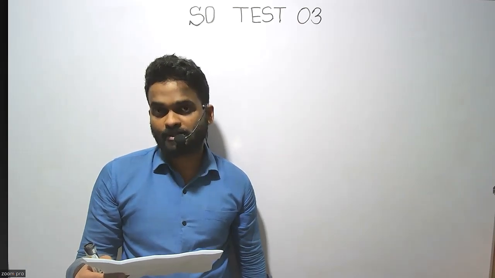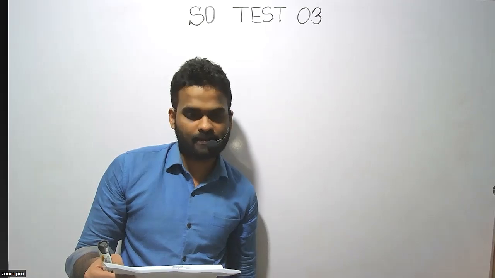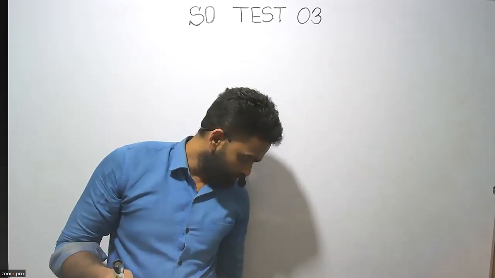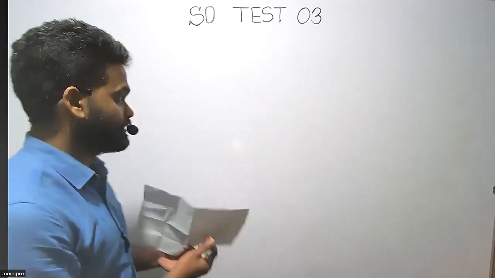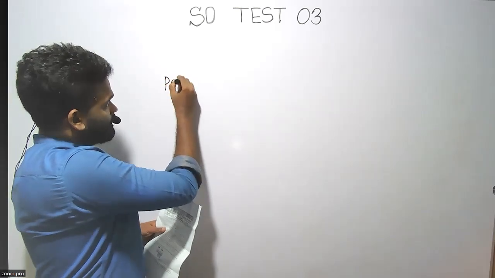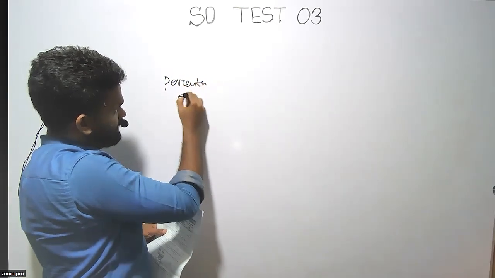Right. Third question. Using a vernier caliper with least count 0.1 millimeter, 2 centimeter is measured. Percentage error is, okay, percentage error. So you need to know the equation for percentage error.